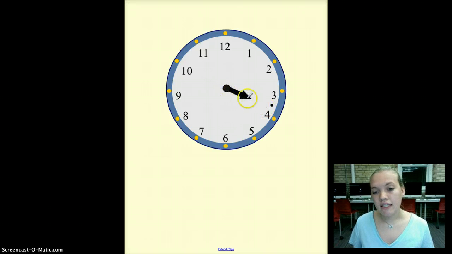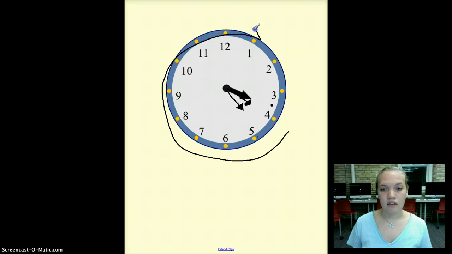But as soon as this hand points to the 4, right here, then we would be saying that it's 4 o'clock, and it would be 4 o'clock at any point between here and right about here. And right when the hand starts pointing towards the 5, it would be 5 o'clock, and so on, the whole way around the clock.